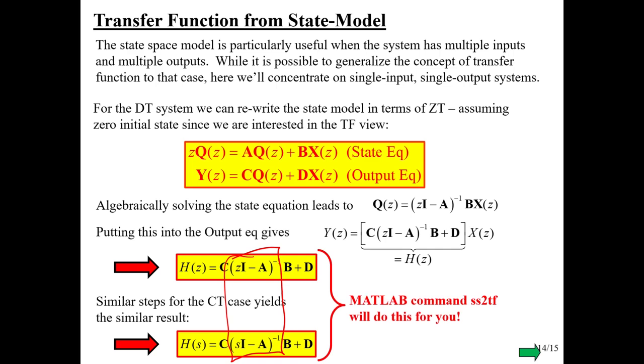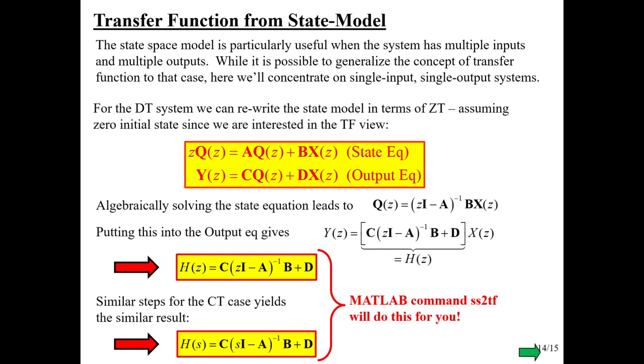That's it. And now in this case, MATLAB command SS2TF will do this for you. And there's no real gotcha here because you're starting with a specific state model. So unlike going the other direction, you don't know what form it's going to give you, and it might not be what you want.